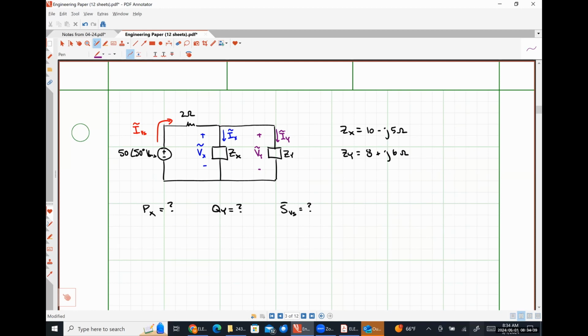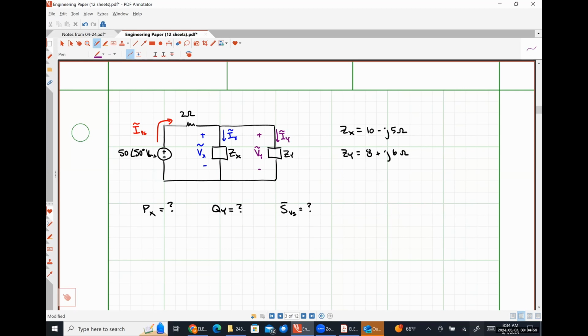So I would argue here that solving for the voltage Vx is the best thing to do, because the voltage Vx and the voltage Vy are literally the same voltages, because impedance Zx and impedance Zy are in parallel.